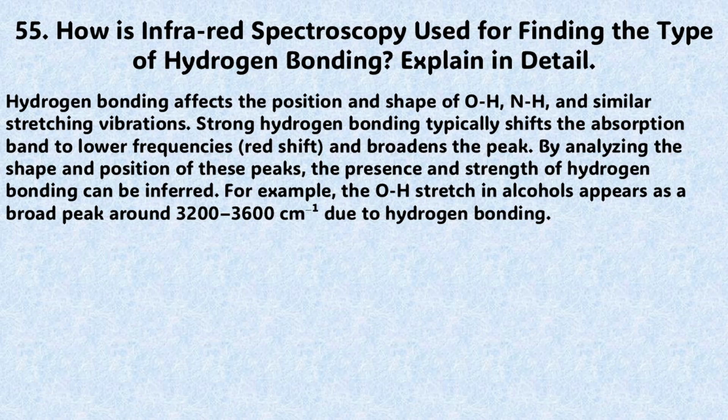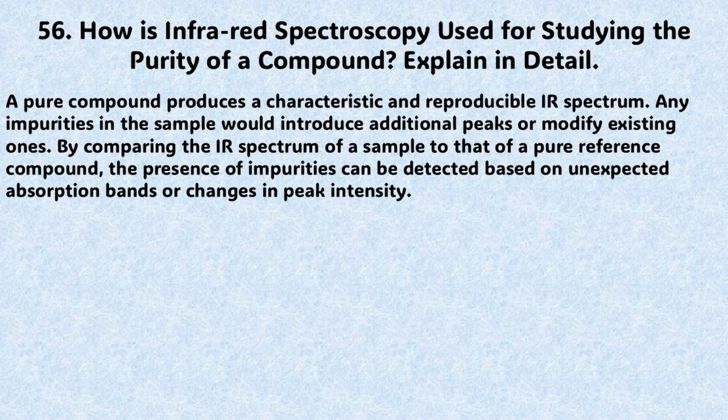By analyzing the shape and position of these peaks, the presence and strength of hydrogen bonding can be inferred. For example, the OH stretch in alcohols appears as a broad peak around 3200 cm⁻¹ to 3600 cm⁻¹ due to hydrogen bonding.